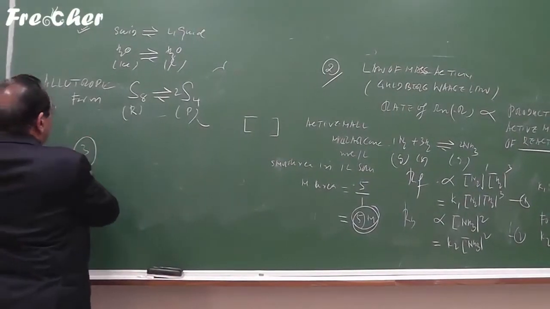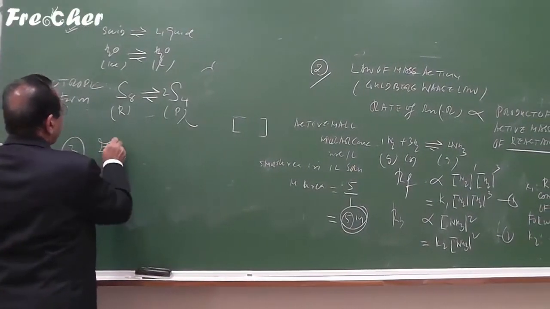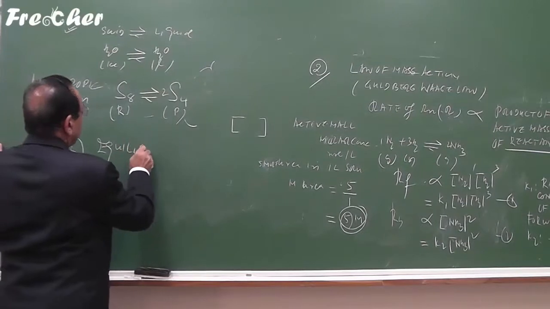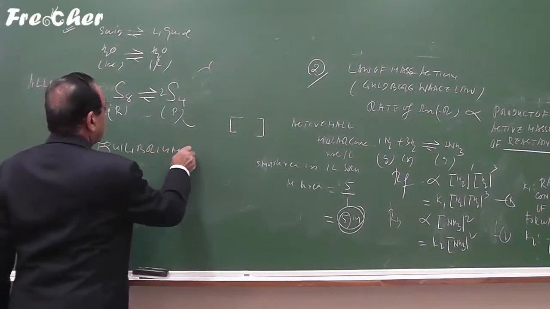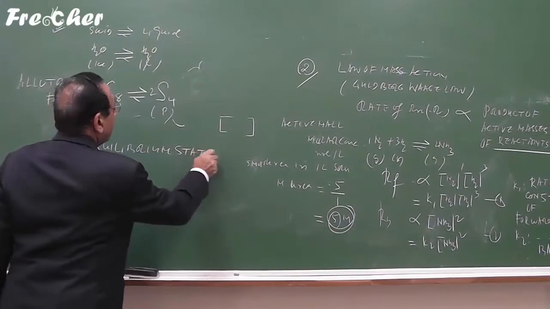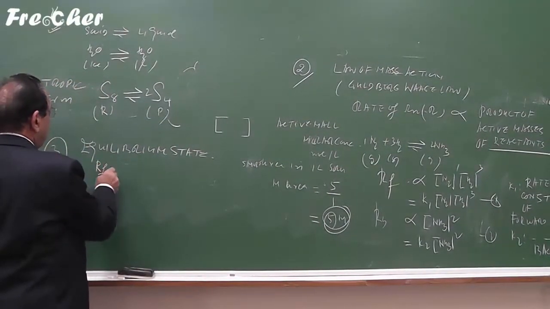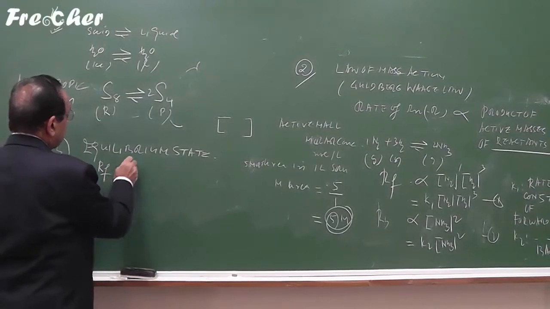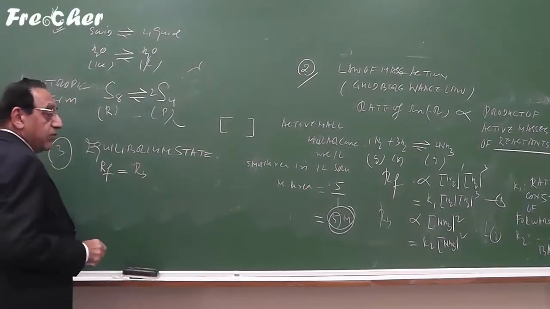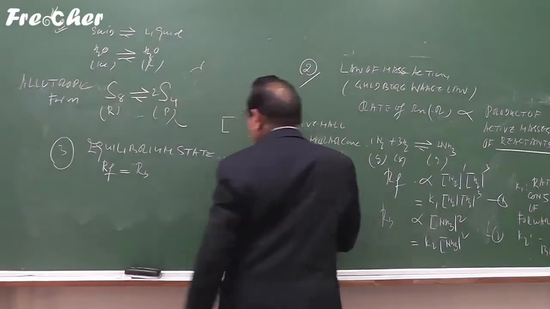The third point is the equilibrium state. What do we mean by equilibrium state? It is a state at which rate of forward equals rate of backward. Forward reaction and backward reaction rates become equal.